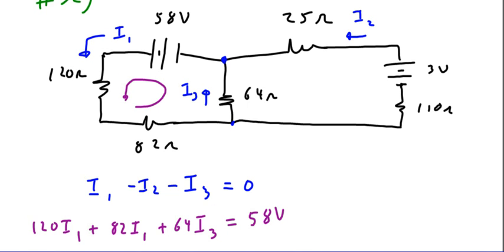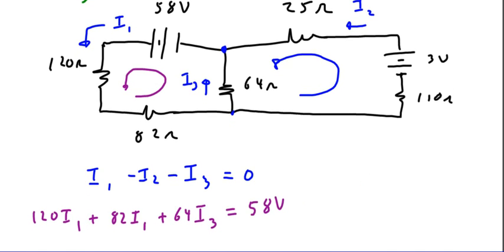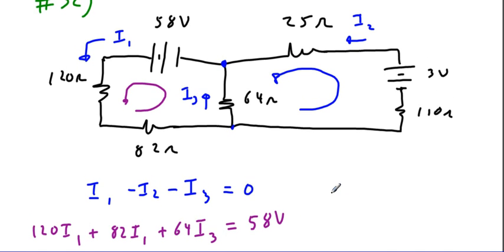Okay, and then we're going to take another loop, a loop that way. We'll just leave it like that for a moment. We'll use black. Okay, and we're going to start there, and we're going to say that the 3 has to equal 25I2.